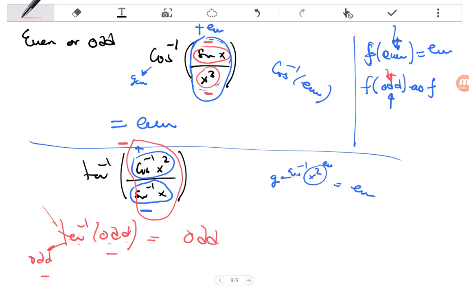A function which is inside another function has a different set of rules than the rules of multiplication and division. These are different concepts from multiplication and division. That is a function of a function. And in that case, when the inside function is odd, the result will be as the outer function, which in this case will be odd. Okay?